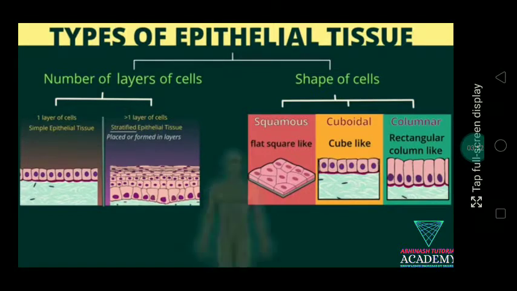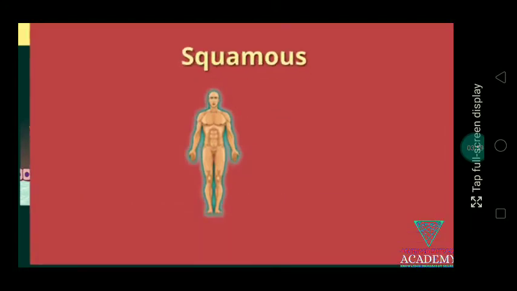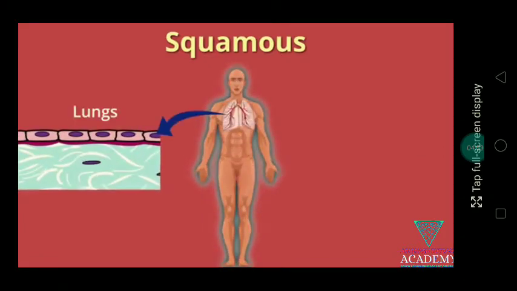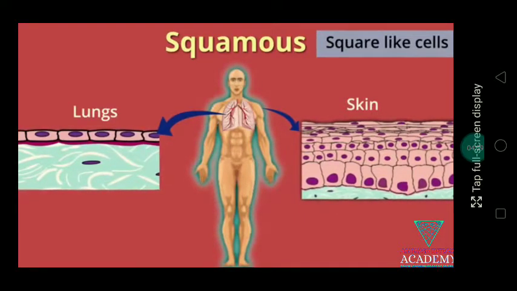Now let's take a look at the position of these different types of epithelial tissue in our body. Squamous type of epithelium is found in the lining of lungs and our skin. Even though they are similar tissues, both having square-like cells, looking carefully at this image, you can tell the difference.